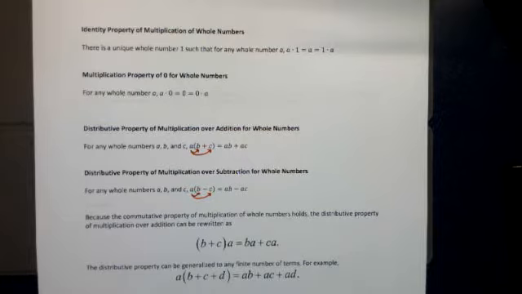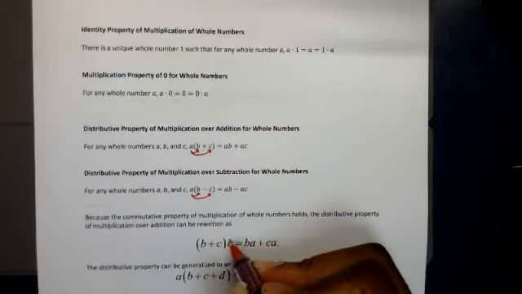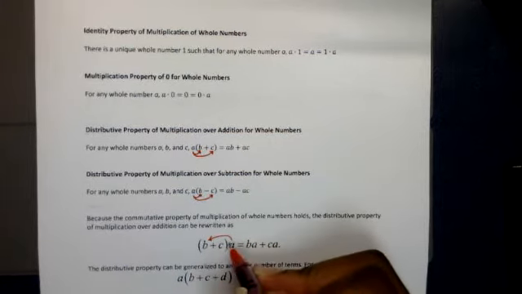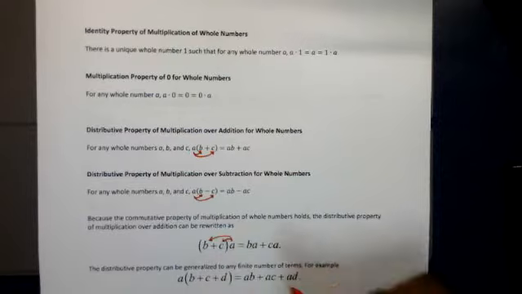Now, because the commutative property of multiplication of whole numbers holds, the distributive property of multiplication over addition can be rewritten like this: the quantity B plus C multiplied by A. In other words, I can do B times A, and then plus C times A, that'd be CA.